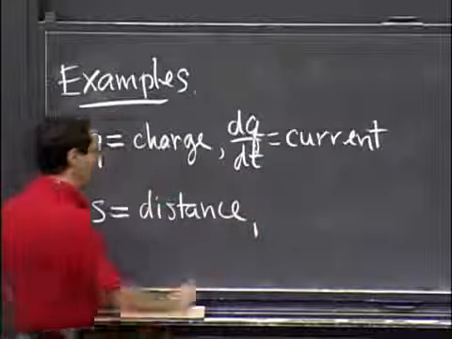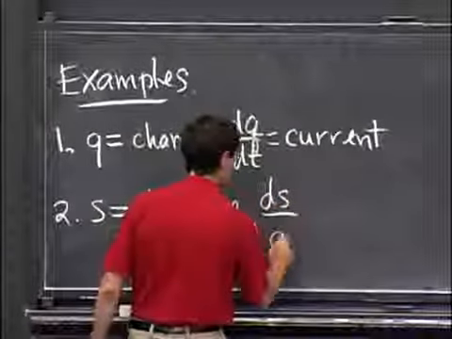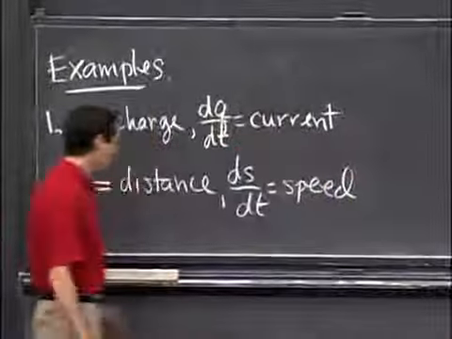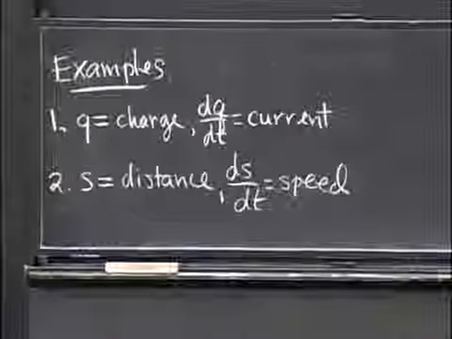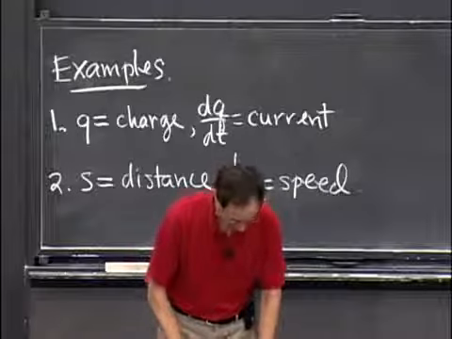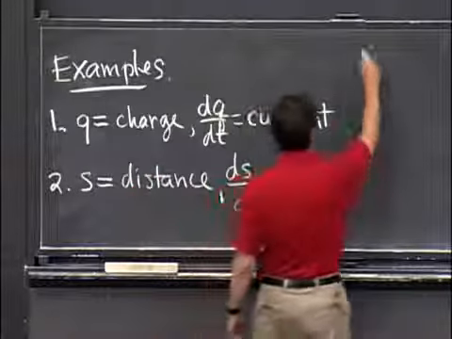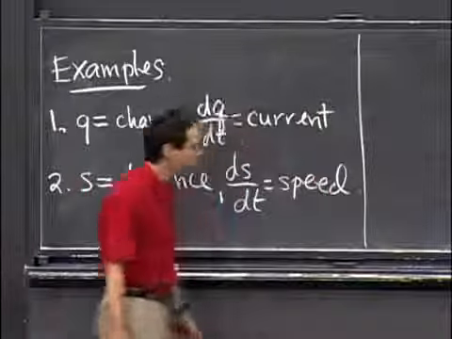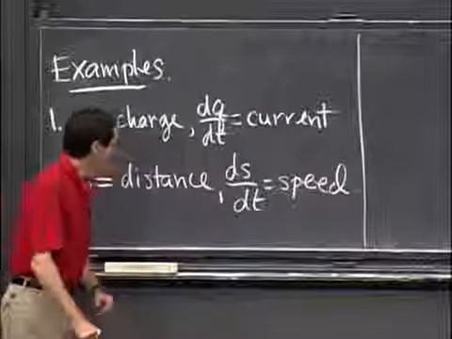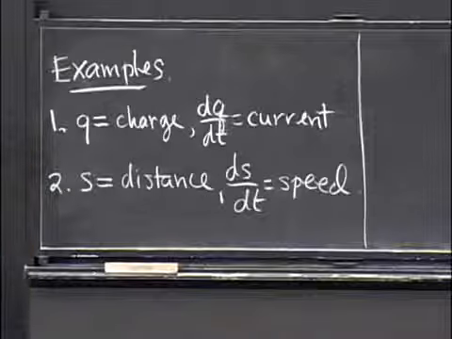And then the rate of change is what we call speed. So those are the two typical examples, and I want to illustrate this second example in a little bit more detail, because I think it's important to have some visceral sense of this notion of instantaneous speed.